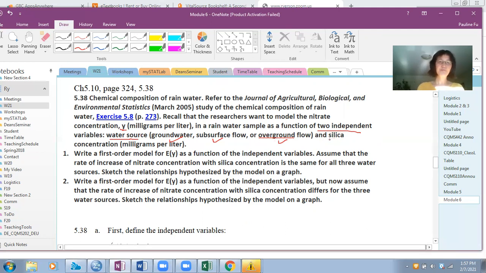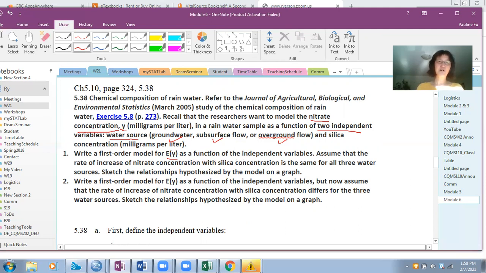Okay. So question 1: write a first order model for E(Y). Remember what is Y? Y is the nitrate concentration. E(Y) is the average of Y. So write a model for E(Y) as a function of independent variables. There are 2 independent variables.